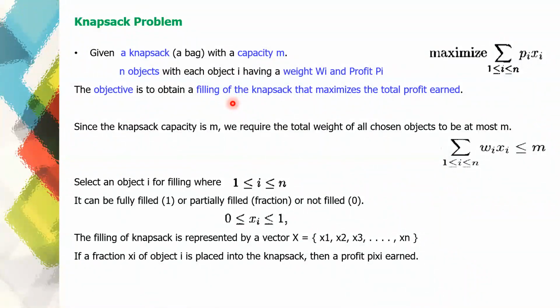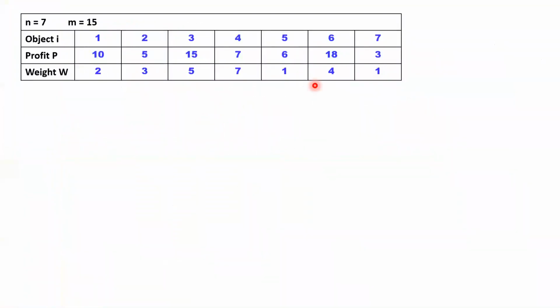Now let us see. Here I have taken a problem. The number of objects that you have been given are 7. You have been given 7 items, and the size of the bag is 15. Assume that N is 7, so you have items 1, 2, 3, 4, 5, 6, and 7.